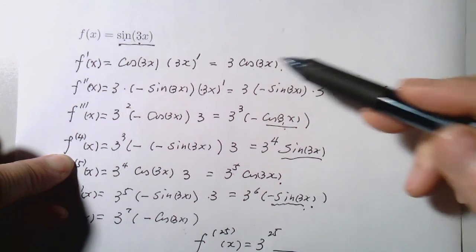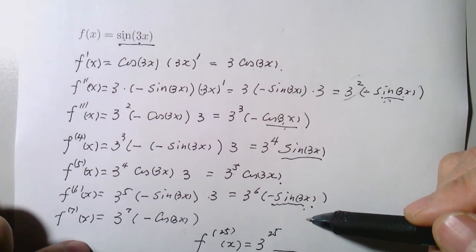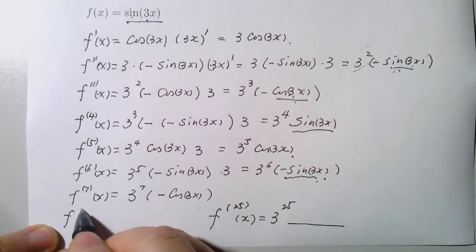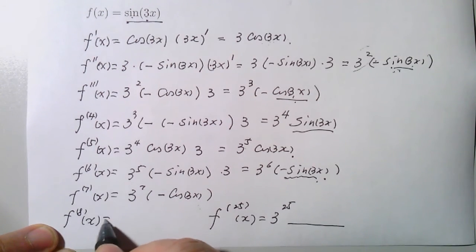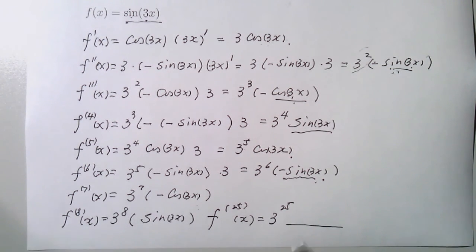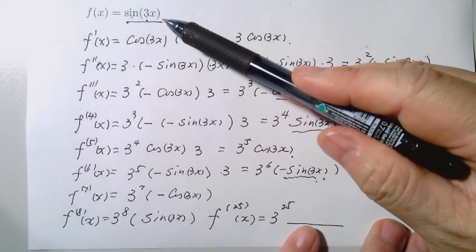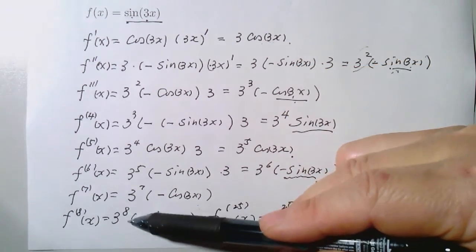When you continue, the eighth derivative is 3 raised to the 8th, back to sine 3x. So every 4 times you get back to the original function, besides the coefficient.